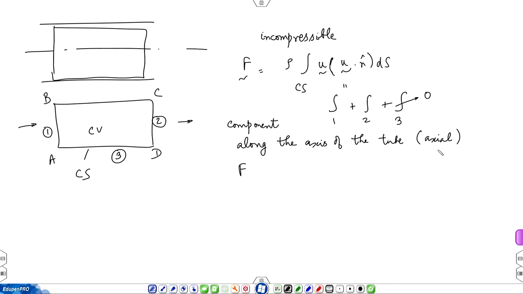So, there also you will have u square average, that is exact, but you approximate it as u 1 square. It is the average of the square is replaced by square of the average.